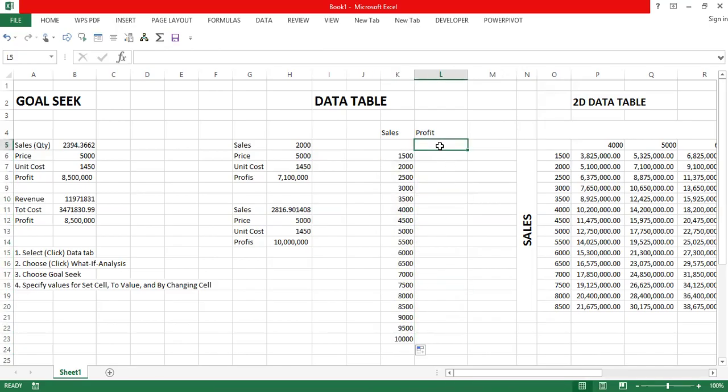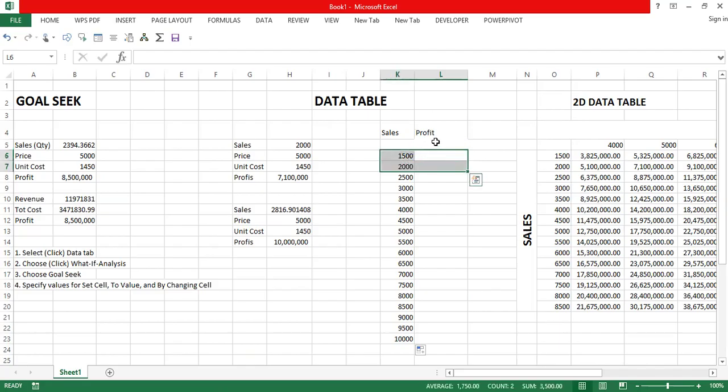So you click up here, because we want our profits to be here, rather actually here. What you are going to do here is just to help the data table do the computation.